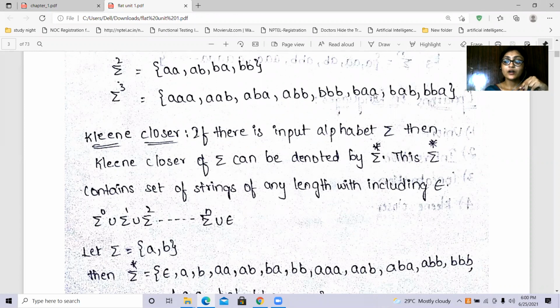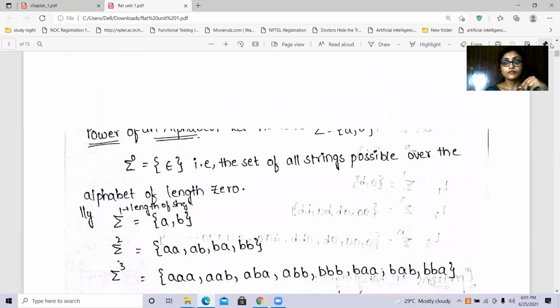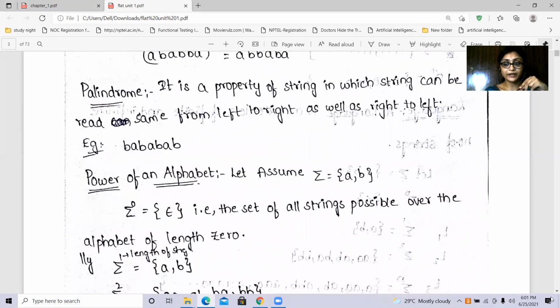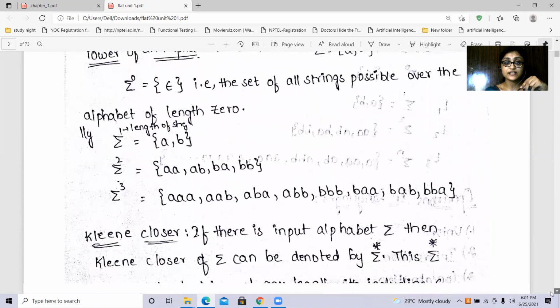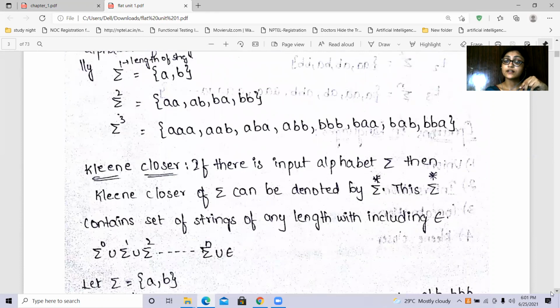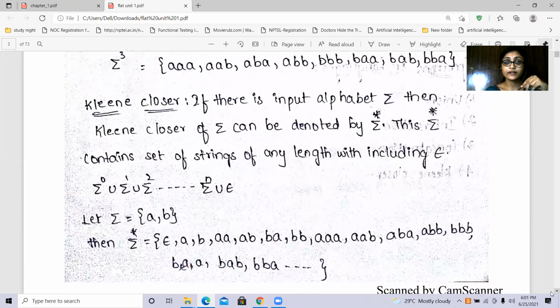Here we have observed what the power of an alphabet means. Power of an alphabet can be sigma power 0, sigma power 1, sigma power 2, sigma power 3. In this way we can write all the powers of alphabets.